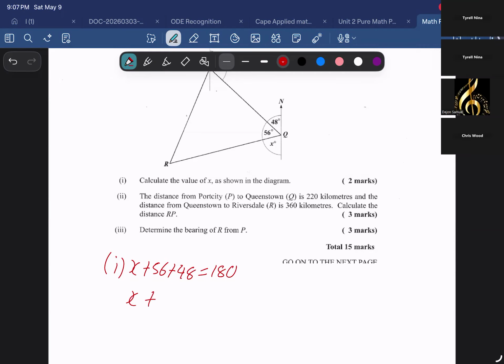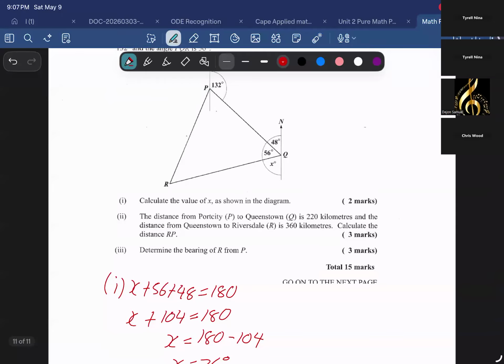X plus 104 is 180, so X is 180 minus 104. X is 76 degrees. Cool, we lock in 2 marks there.